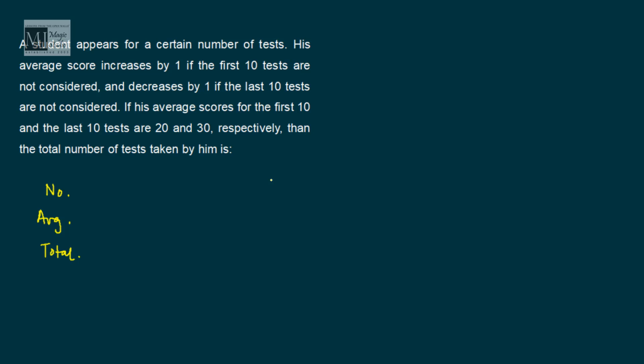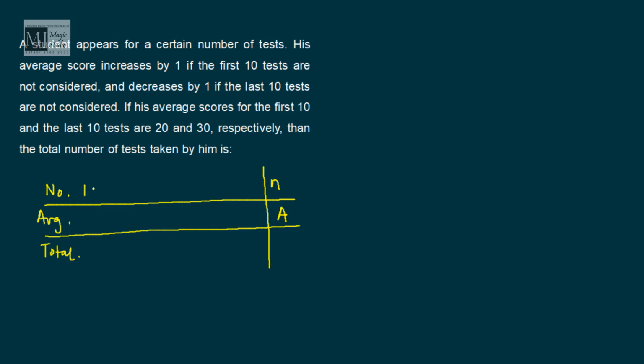Suppose he has taken n tests. And the average for n tests is A. 10 tests. And if we leave these 10 tests, then the average for the remaining tests would be more. If first 10 tests are not considered, average would increase by 1.